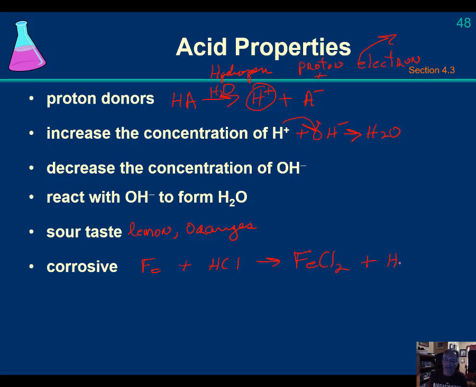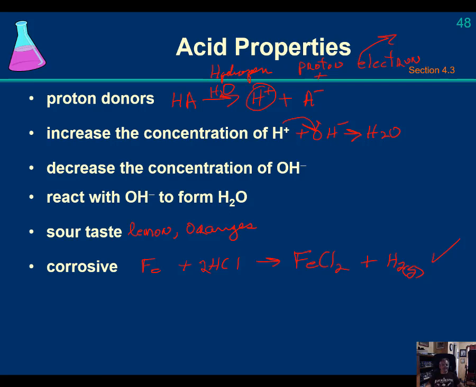And you're going to get hydrogen gas. And so we can go ahead and balance this. That's going to give us 2 chlorines, 1 iron, 2 hydrogens, 2 hydrogens. Well, that actually wasn't too hard. Acids are corrosive for some metals.